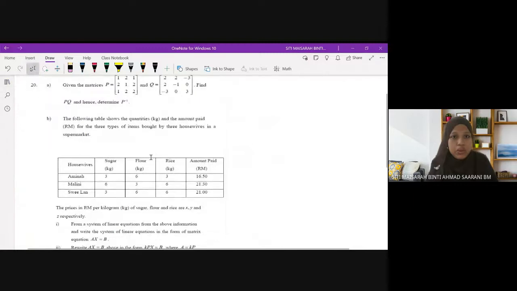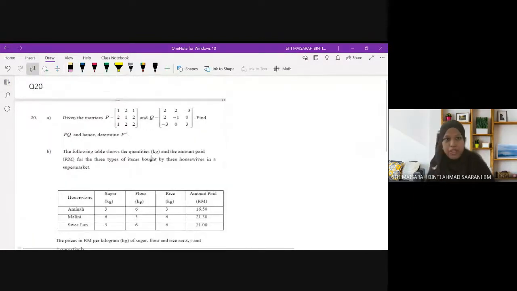Okay, question 20, the first part: given the matrices P and Q, find PQ, hence determine P inverse.